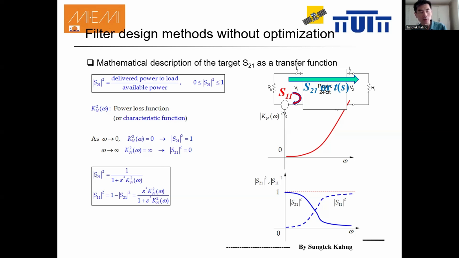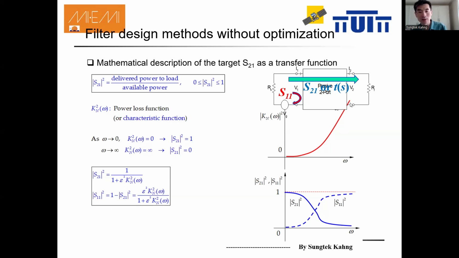Still, this function is everything real, not complex, because this is power. So how can we find or extract the complex value from this real value? That's your job. And S11 square is a reflected power. This is an inserted or transmitted power, right? So mathematically, you can express this.